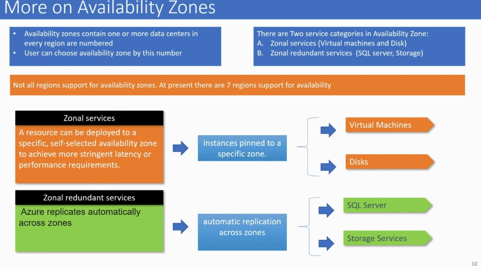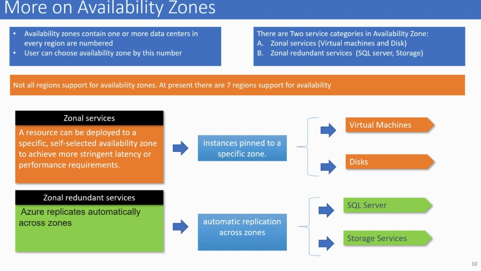Zonal services are a set of services offered by Microsoft Azure where a resource can be deployed to a specific self-selected availability zone to achieve more stringent latency or performance requirements. For example, virtual machines, disks, and IP addresses are examples of zonal services, which means they are closely tied to a particular zone.